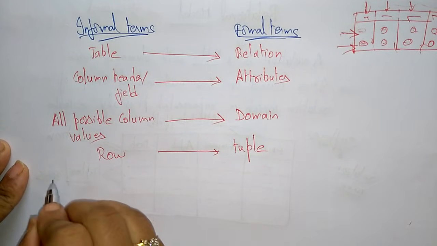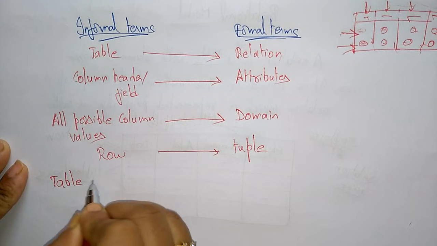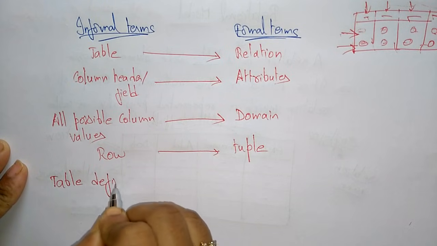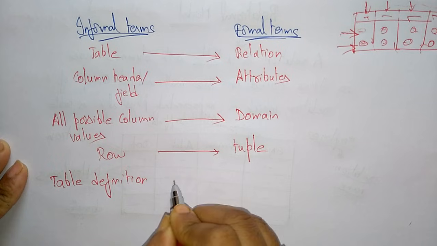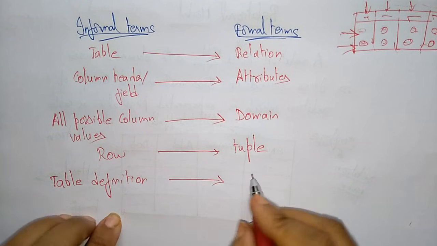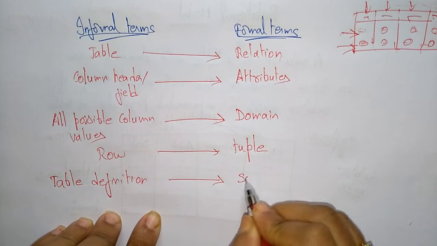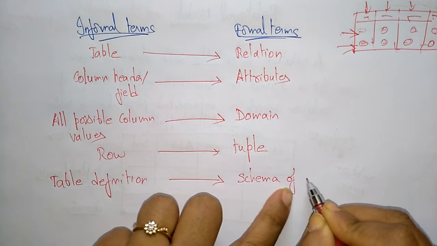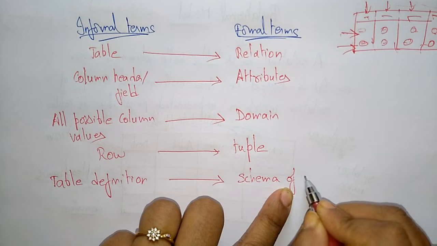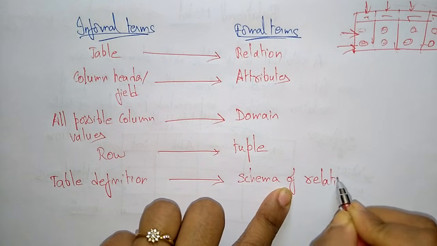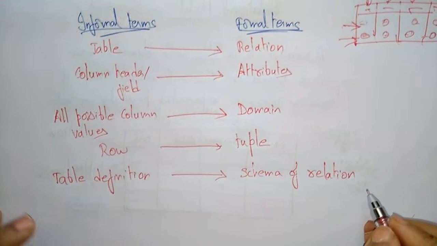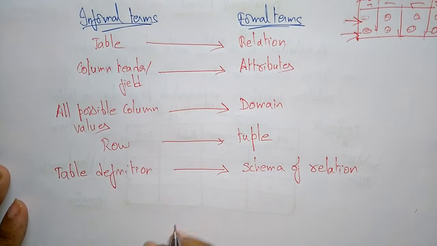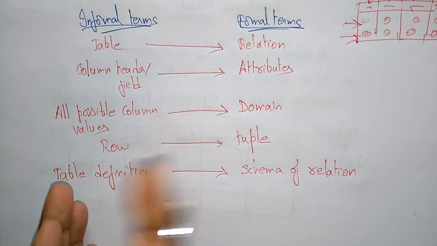Next, what is another name for the table definition? The formal term for the table definition is schema of relation. Schema is nothing but a definition. Definition of a table means the definition of a relation. So these are the informal and formal terms.